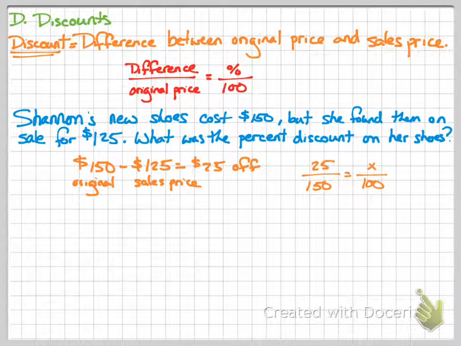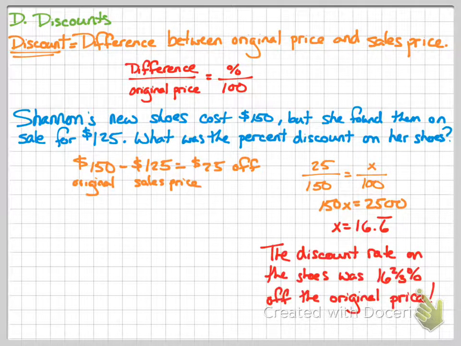The change in the amount over the original amount, which was $150, equals x out of 100. I can then solve that proportion and say the discount rate on the shoes was 16 2/3% off the original price. So again, it's the same process. Find the change in the amount and put that on the top over the original amount and make that equal to x over 100.